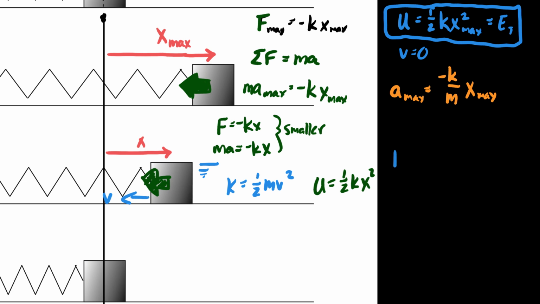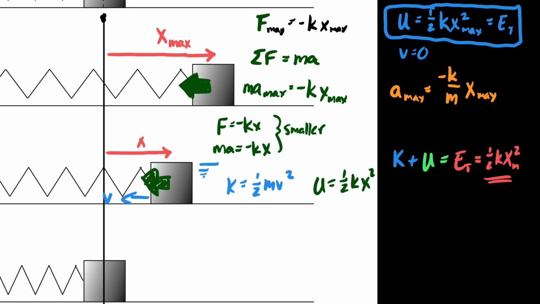But if we add the kinetic energy and the potential energy together, they'll have to equal the total energy, which is 1/2 k x max squared. The total energy is still the potential energy we had at the beginning.